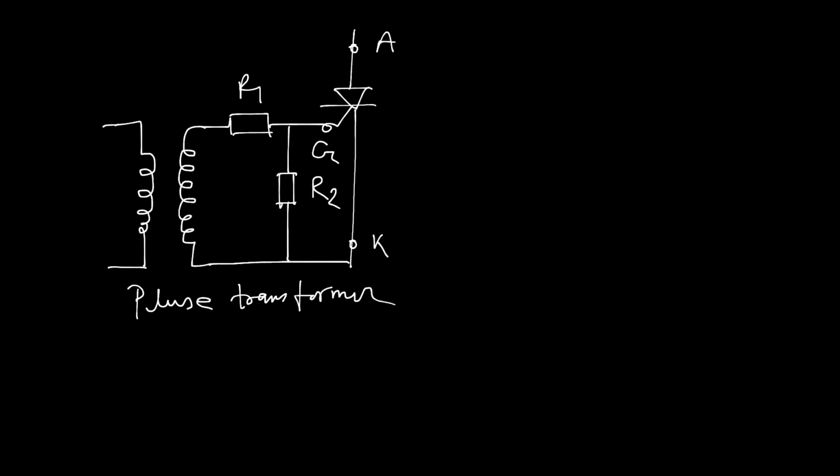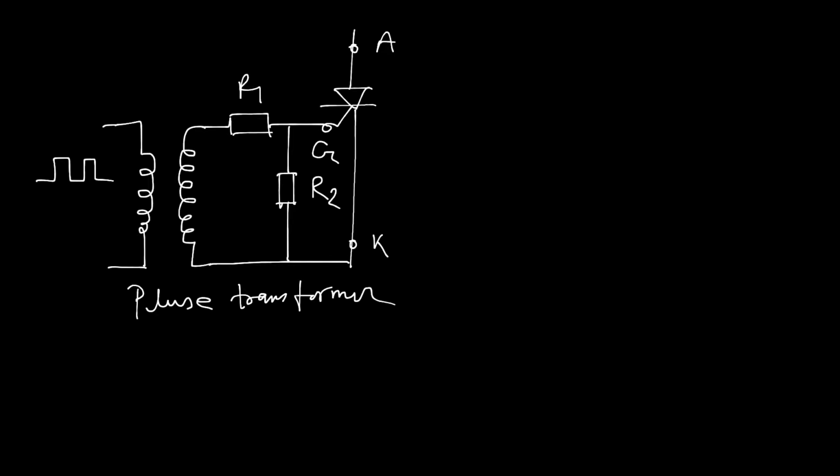Actually, we are using pulse transformer here to isolate the driver circuit from the supply, and normally we are using the pulse train or pulse source to trigger the SCR across the gate terminal. So from this circuit we cannot predict what is the exact value of R1 and R2 for designing purpose.